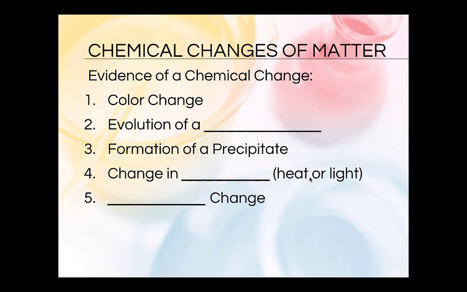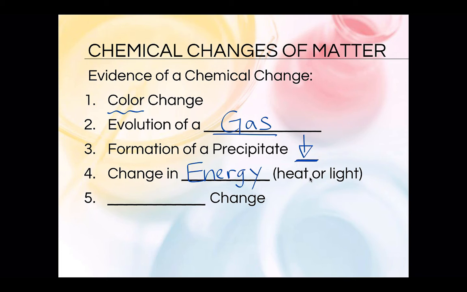Now, when we say the changes of matter, there's a couple different kinds. There are two kinds of changes. One kind is a chemical change. Chemical change involves a change in color, the evolution of a gas, the formation of a precipitate, which is where a solid substance sinks down to the bottom of your container, or a change in energy, often in the form of heat, and sometimes even as light.